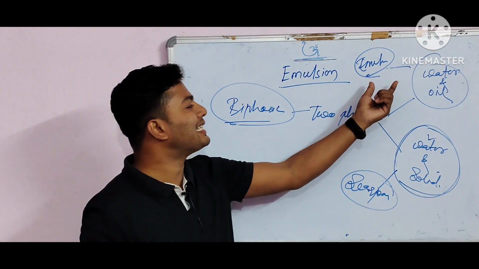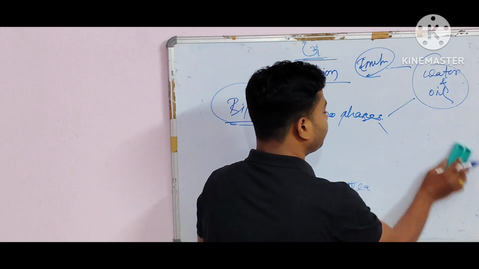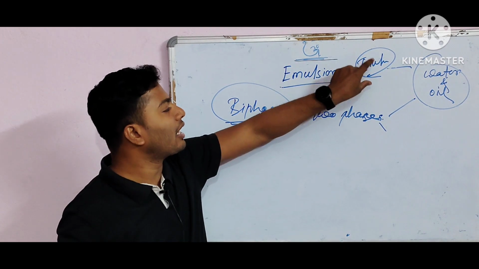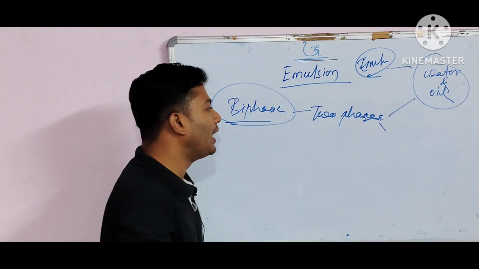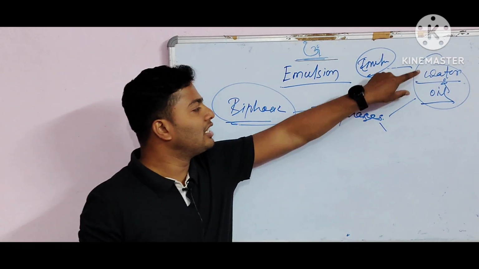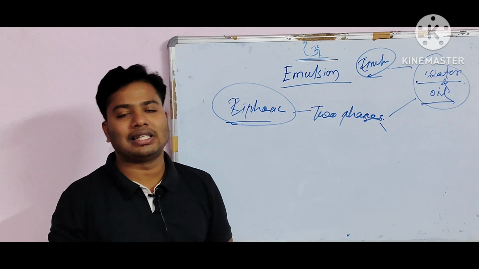Now come to the point, emulsion. According to the statement, you can easily understand that the emulsion contains water and oil. All of you know that these two liquids, water and oil, do not mix with each other.